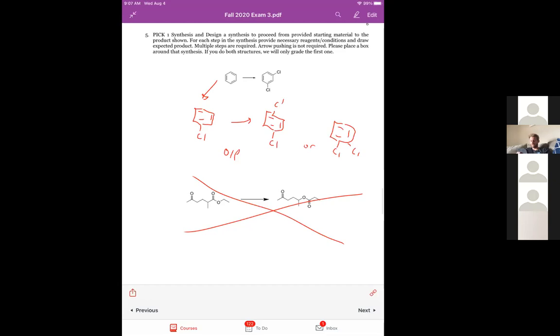So in order to have it add meta, we're going to have to go through a diazonium pathway in order to add our chlorines. That way, we can have them end up in the correct positions.